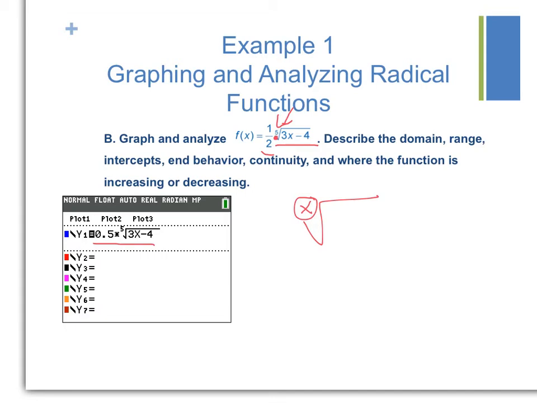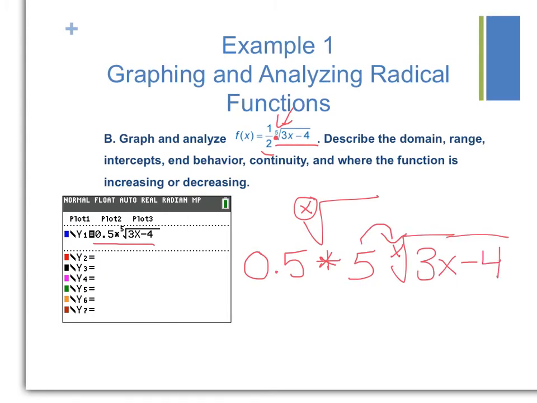So when I typed this in to my graphing calculator, I typed in 0.5 times, and then I hit a 5, and then I did the xth root, which then once I hit the xth root, it knows to put the 5 where the index is, and then I typed in 3x minus 4 underneath the radical. So I just wanted you to be aware that if you have an index greater than 2 or 3, you have to use this xth root, which is underneath the math menu on the calculator.